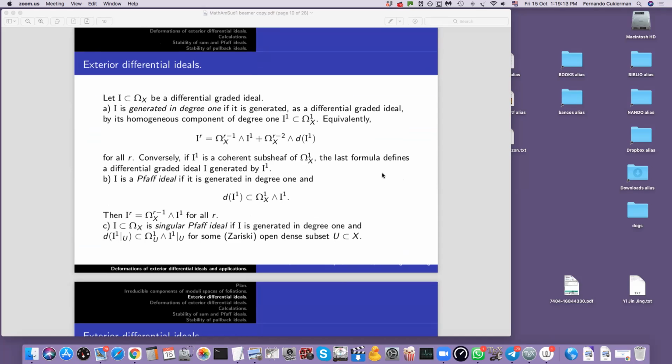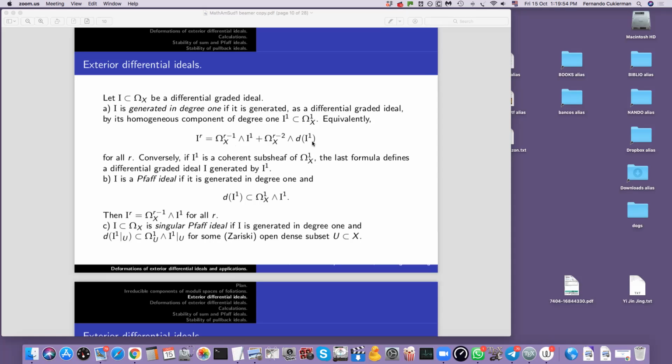An example of a differential ideal is what we call a Pfaff ideal. A Pfaff ideal is an ideal which is generated in degree 1. So it's a differential graded ideal which is generated by the component in degree 1. This means that you start with a subsheaf of omega 1, and you multiply its elements by any forms of the appropriate degree, and you take the exterior derivative in the sense of the derivative which you have in the forms.